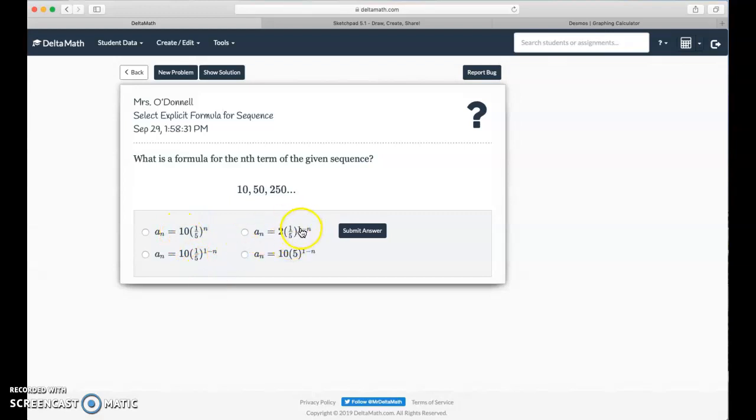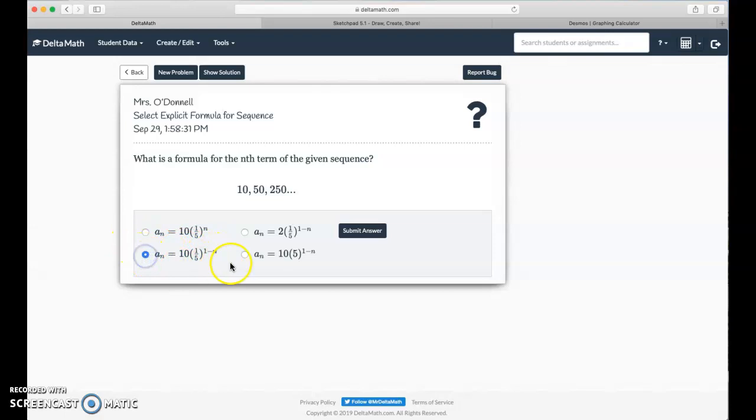1/5 to the 1 minus 1. Oh, that's not going to work. 1/5 to the 1 minus 1 would be 1/5 to the 0 times 10 is 10. 1/5 to the 1 minus 2 gives me 1/5 to the negative 1, which is 5 to the first power.